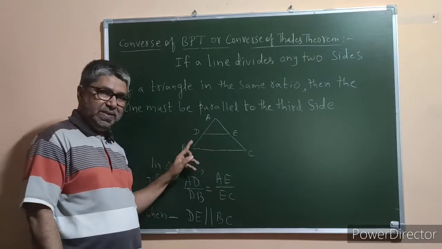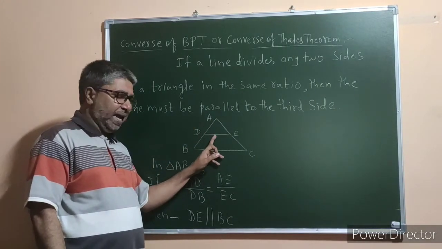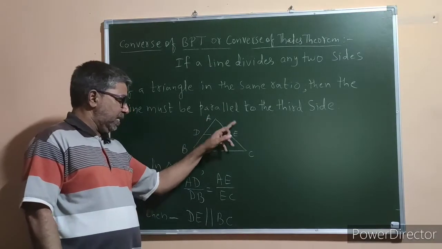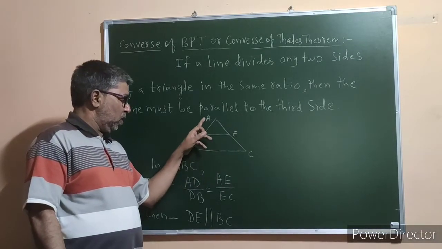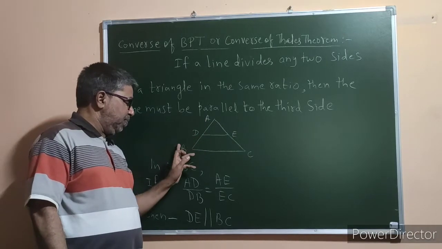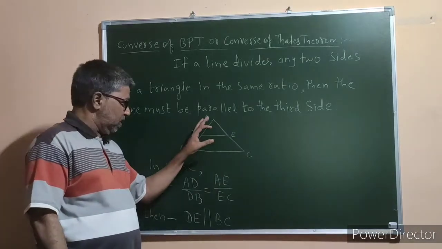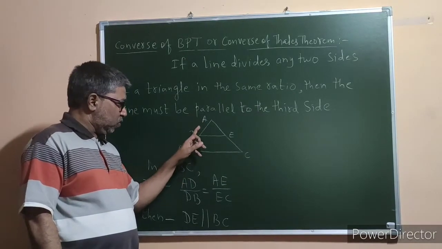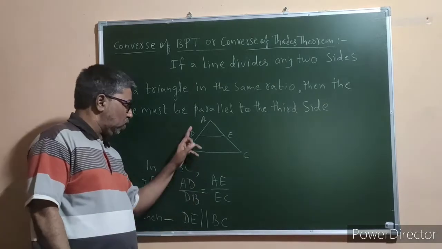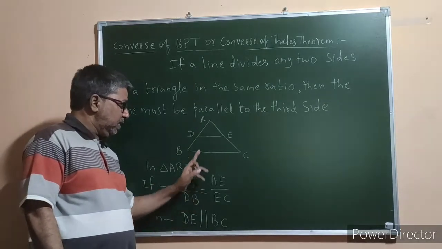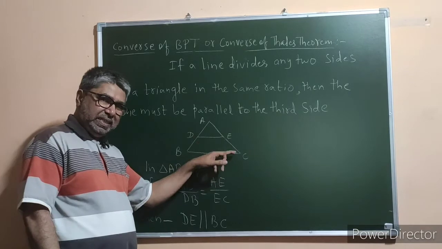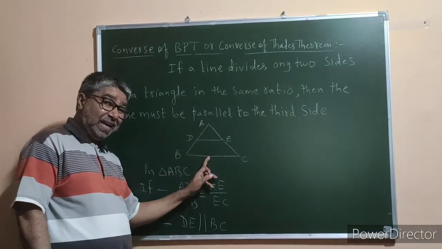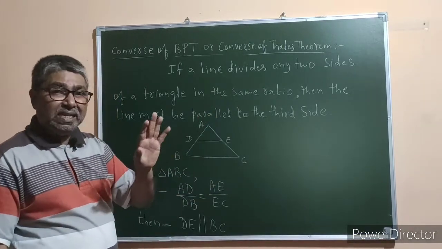See this triangle ABC. In this triangle one line is drawn, that is DE. This line divides AB and AC into 4 parts, AD, DB, AE and EC. Now if this line divides the two sides in the same ratio, that is AD upon DB is equal to AE upon EC, then this particular line must be parallel to the third side BC of triangle ABC.